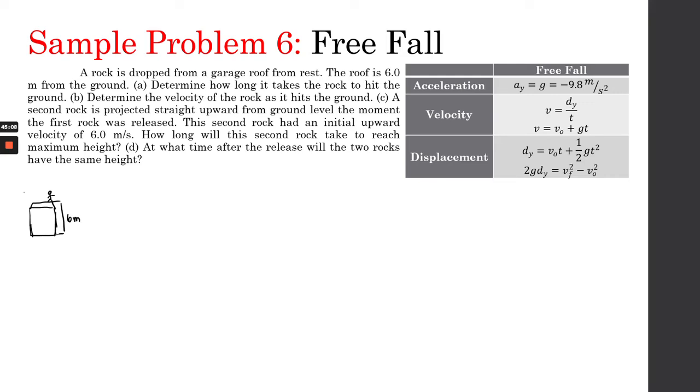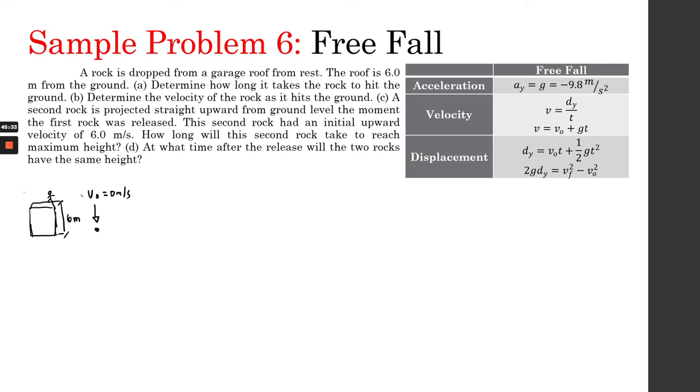And then a rock is dropped from the garage from rest, so the initial velocity of the rock is 0 meters per second, and we drop the rock from a height of 6 meters from the ground. Determine how long it takes the rock to hit the ground.